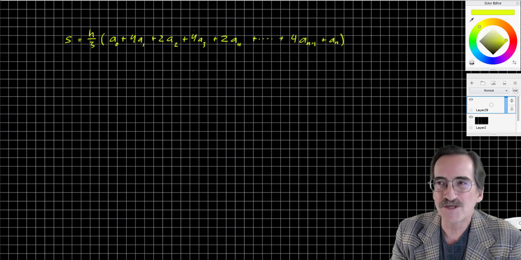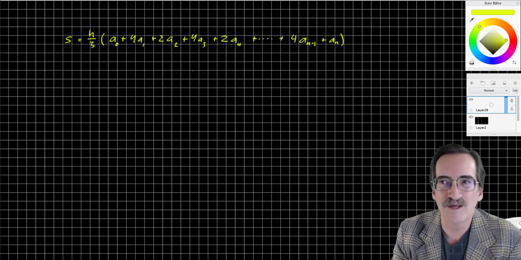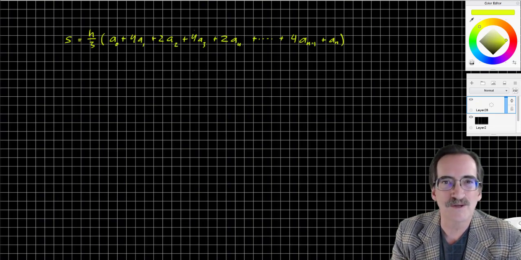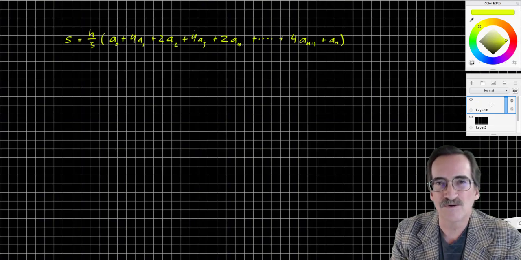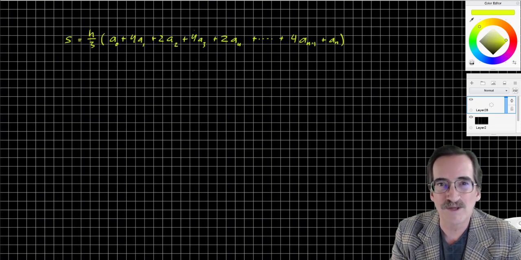It was mentioned in the video that it comes from an approximation method using 3 points and fitting a parabola to the 3 points, so that you create somewhat of a curved boundary, an upper boundary on the function. That doesn't mean it's going to fit the function perfectly, but that it may produce in some cases a more precise answer.